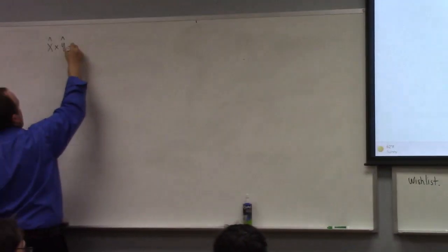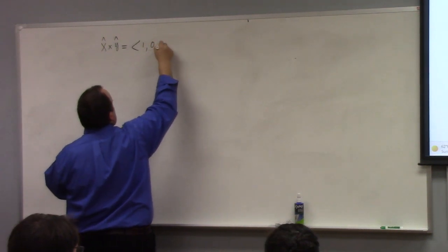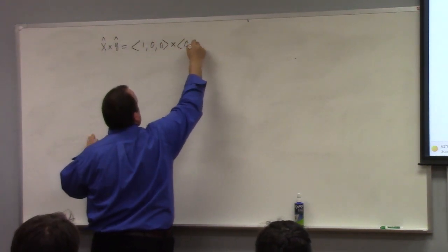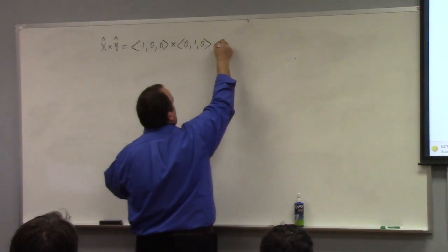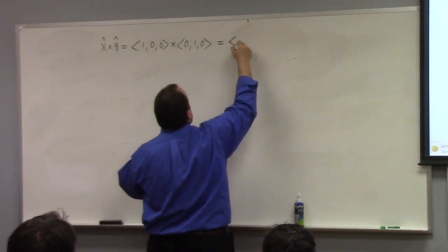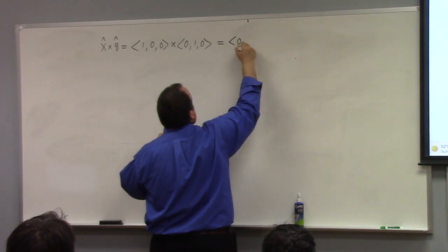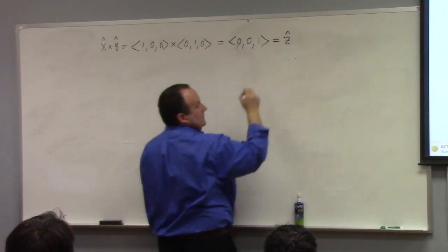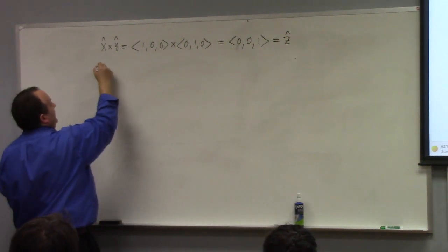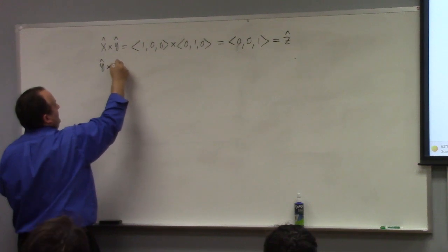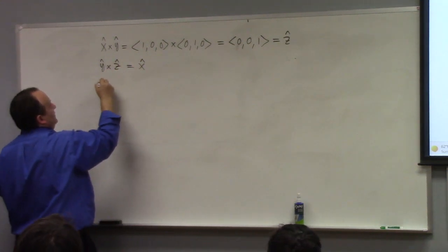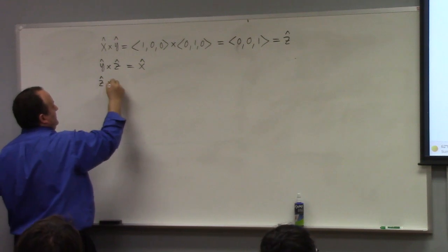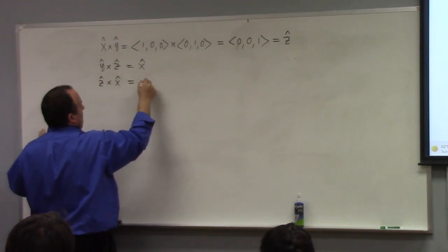If we have, for example, x hat cross y hat, that would be 1, 0, 0 crossed with 0, 1, 0. And if you go through the formula that I gave you, what you get is 0, 0, 1, which of course is z hat. Likewise, you can check that y hat cross z hat is equal to x hat, and z hat cross x hat is equal to y hat.